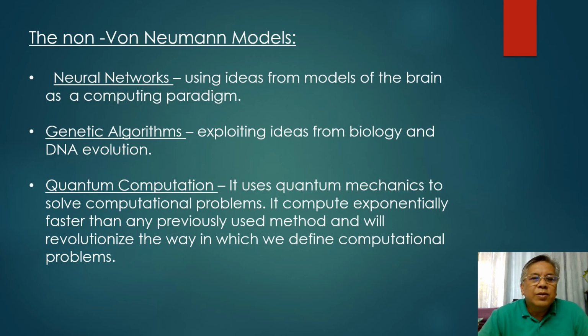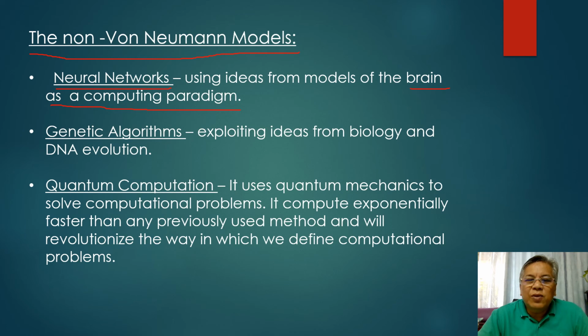Okay, now what are the non-von Neumann models? There are different types of non-von Neumann models. One is the neural network, or neural networks. Neural networks use ideas from models of the brain as a computing paradigm. So neural networks are based on how the brain works.